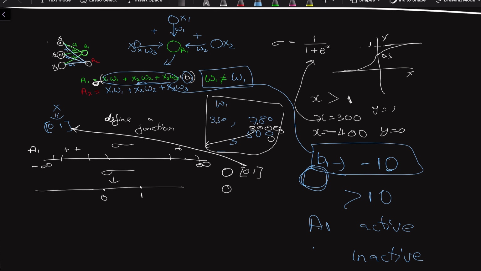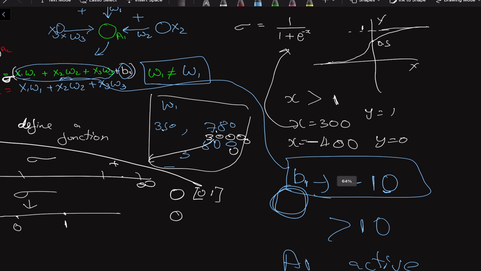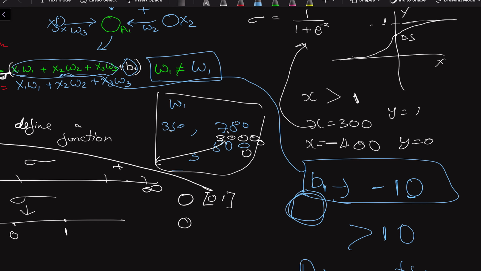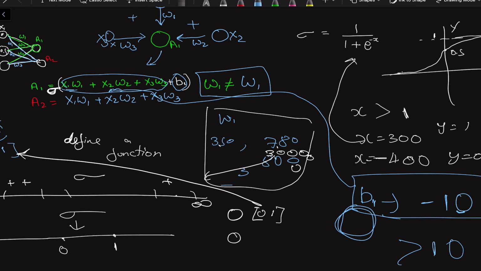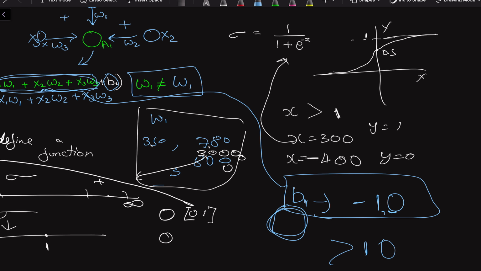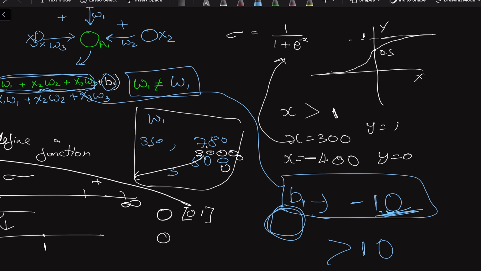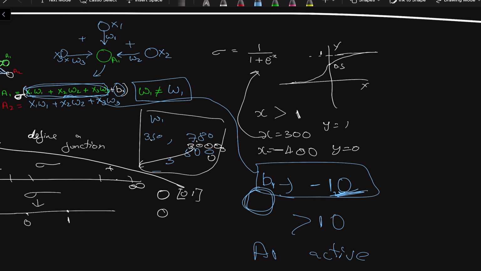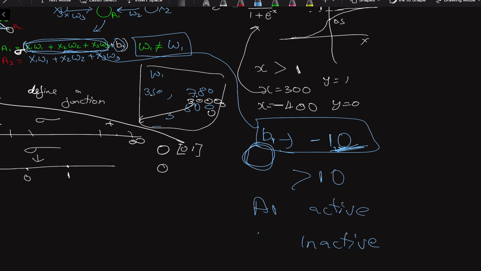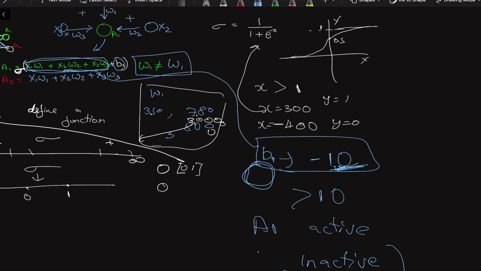Okay, the bias term is like a manager for the node. A manager is going to look over the work that the employee has done, and then he's going to say, well, you need to meet this certain criteria for your work to be passed along to the next department or to the higher ups. If it doesn't meet the requirement, the work is not going to get passed and your node will be inactive.